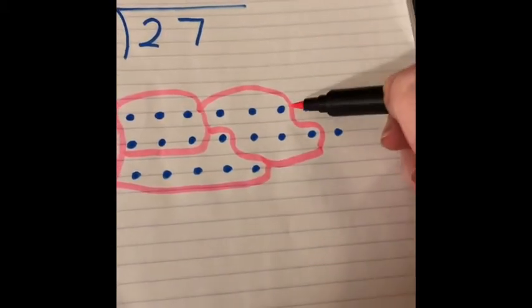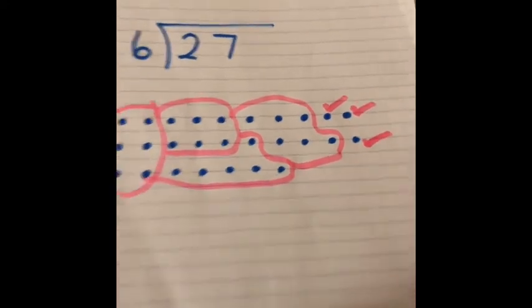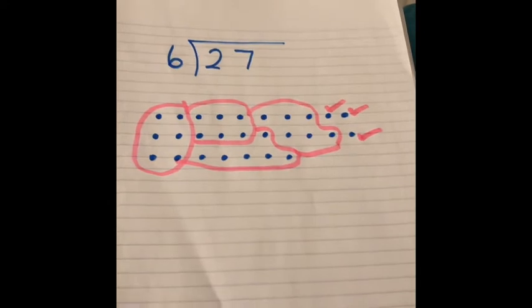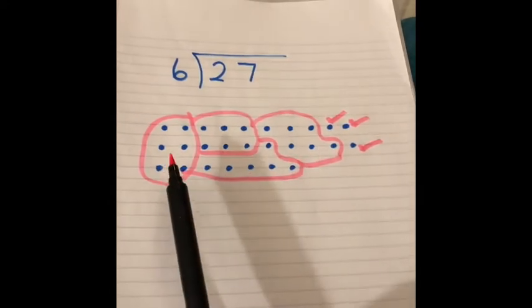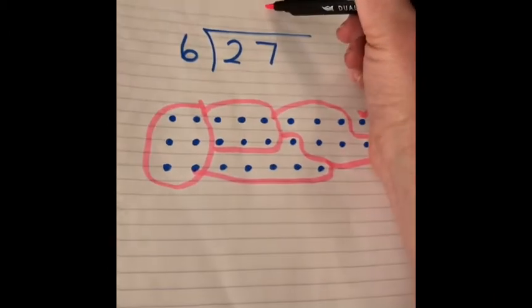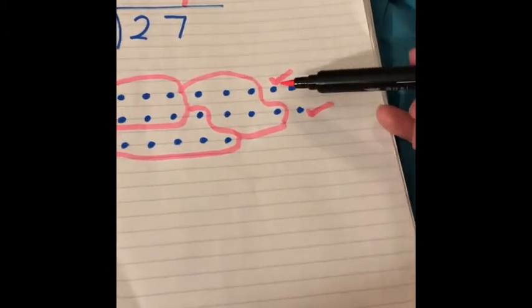And then do you see that I have 3 that are left over and we're not able to fit into a group of 6? So how many groups did it make? 1, 2, 3, 4 groups with a remainder of 3.